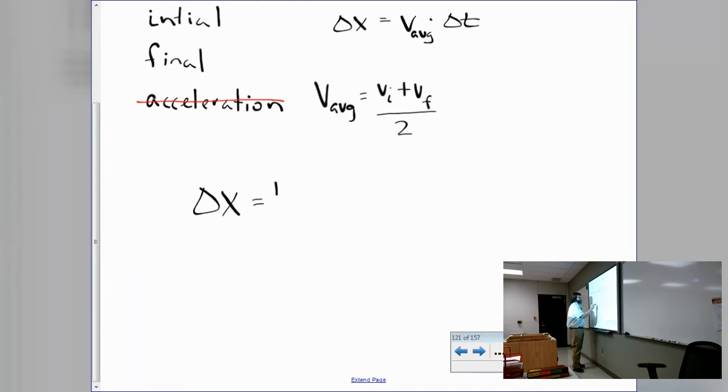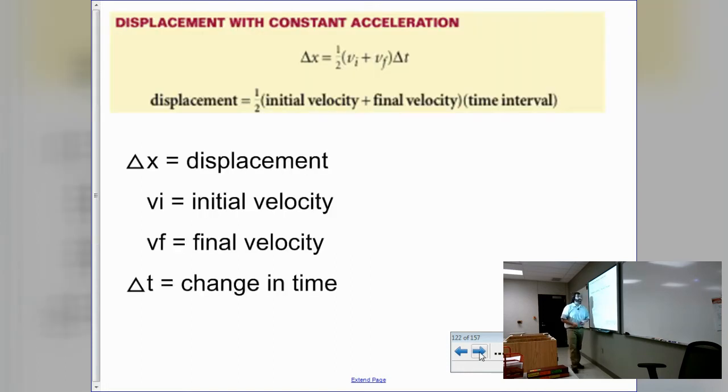We rewrite it as half of our velocity initial plus velocity final, times our change in time. Multiplying velocity initial plus velocity final by half is the same as dividing by 2. And that's what we have here on our second page. So delta x is our displacement, then velocity initial, velocity final, and delta t is our change in time. Again, exactly what I just derived on the last slide.